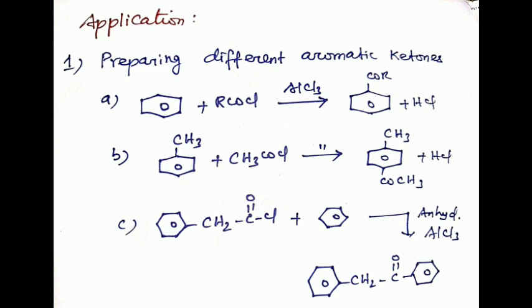Similarly, toluene combined with acetyl chloride in the presence of anhydrous aluminum chloride forms para-toluene methyl ketone. Then phenyl acetyl chloride combined with benzene in the presence of anhydrous aluminum chloride forms benzyl phenyl ketone.